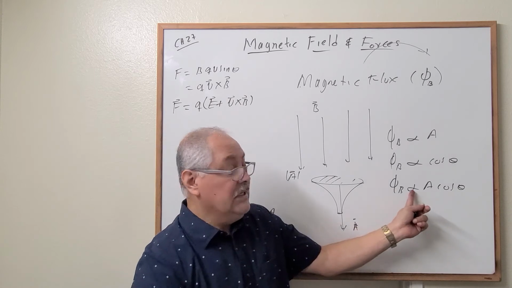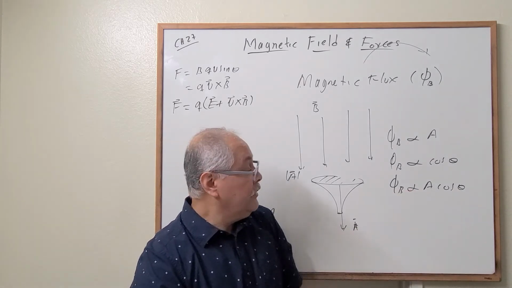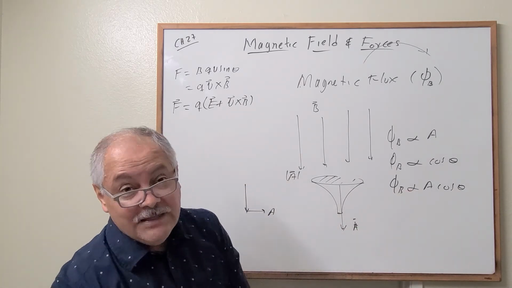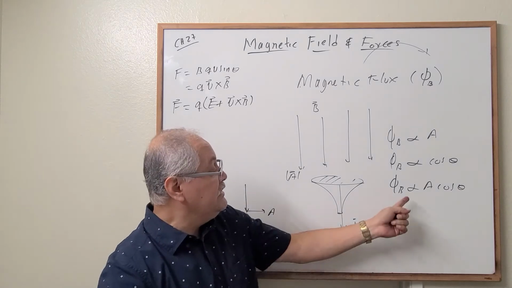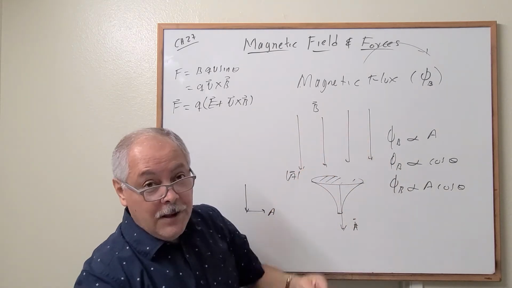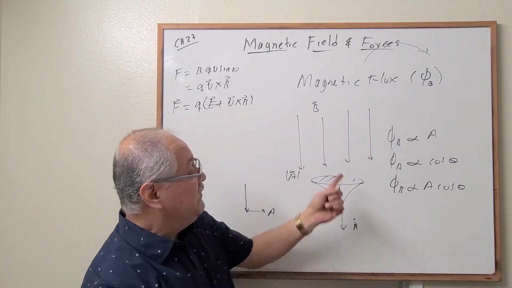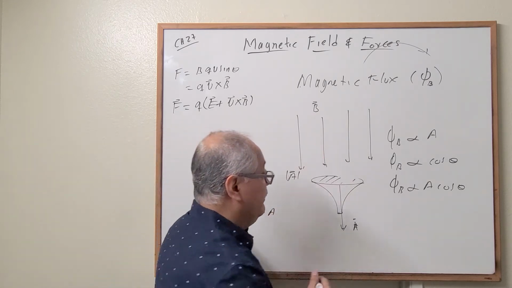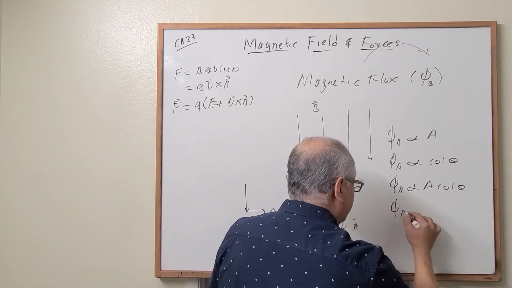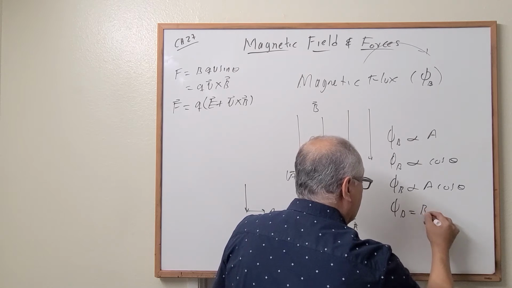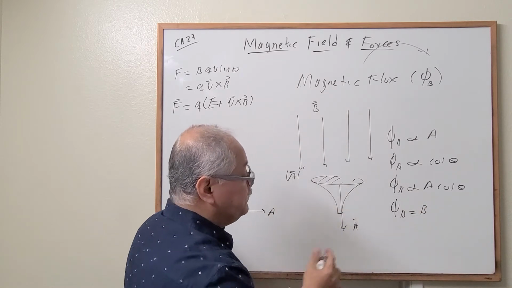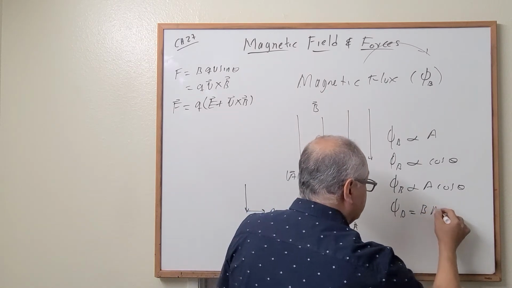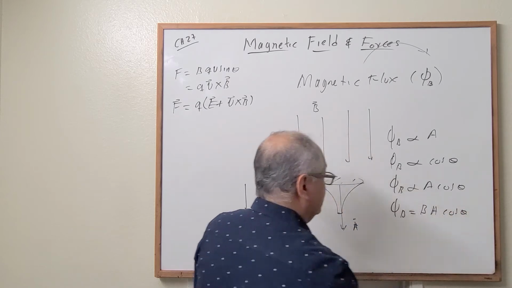One more time, let's eliminate this symbol and add a constant. The constant added is the magnetic field, because the magnetic field is constant in this picture. Perfect, so the magnetic flux is equal to the magnetic field times the area times cosine theta.